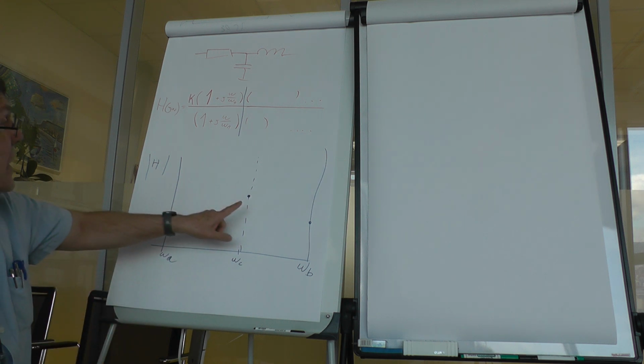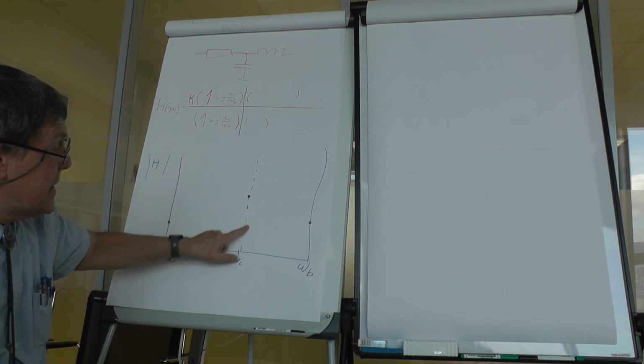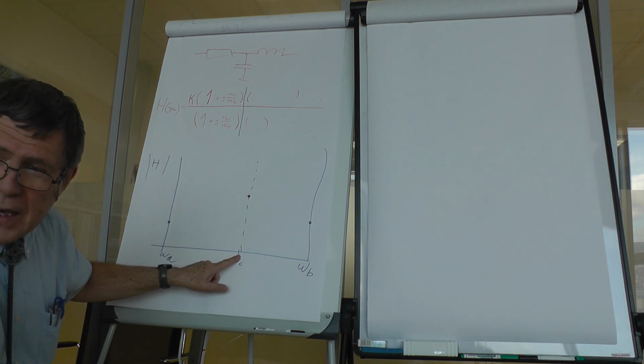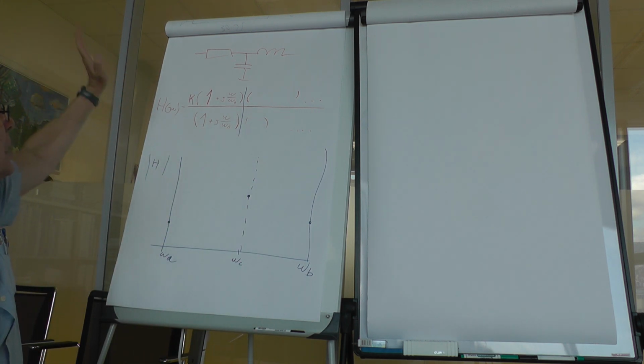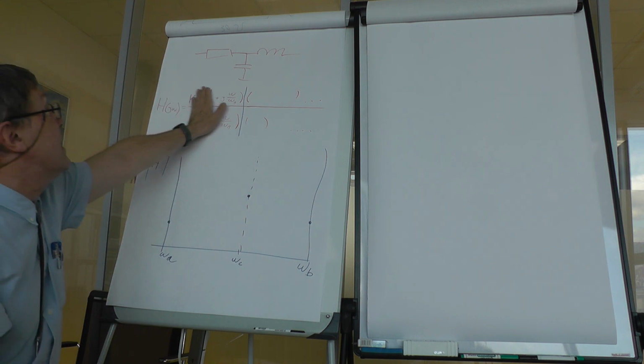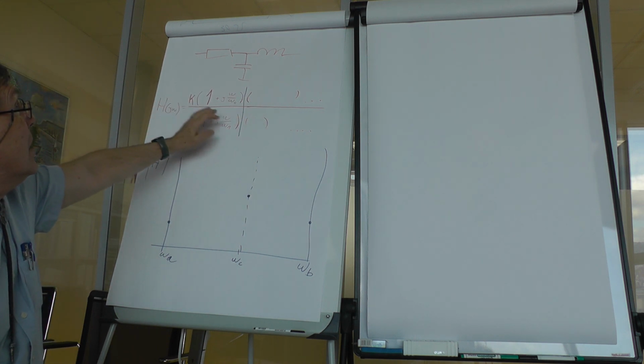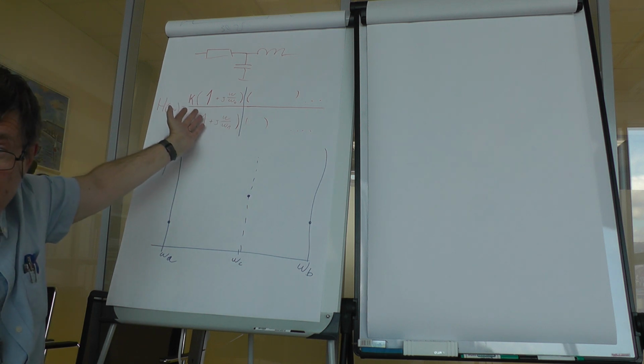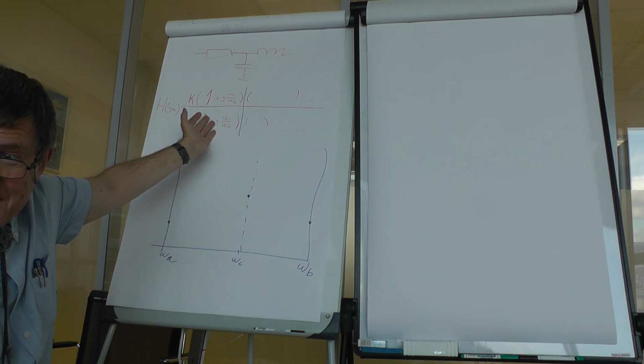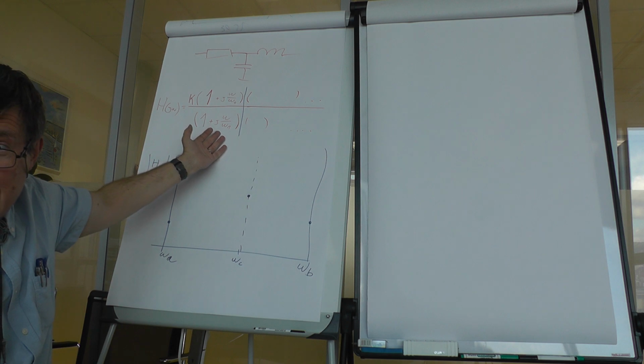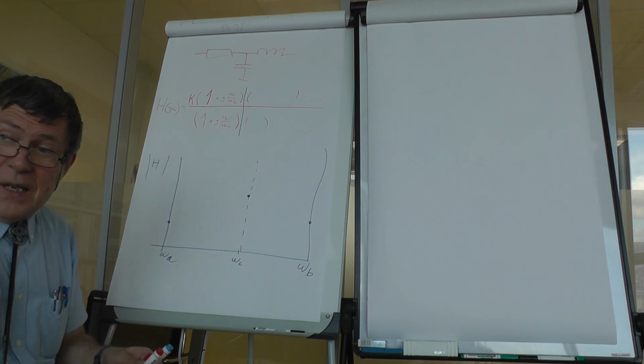Now I will calculate this using full analysis of the circuit, and I will calculate that as well using this simple equation, using this ratio, and there are two possibilities.